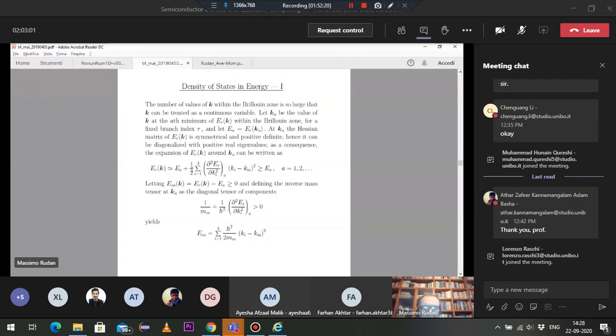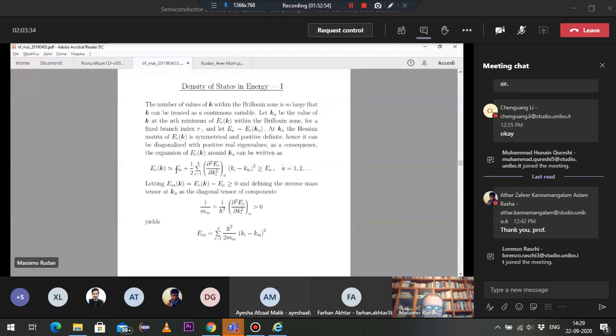And then we have the second order terms, and they are 1/2 the sum from 1 to 3 of the second derivatives of the energy with respect to K 2 times, calculated at the minimum A times Ki minus Kia squared.